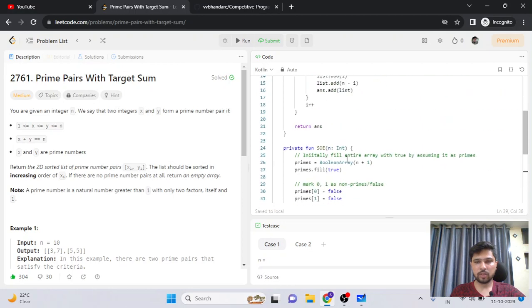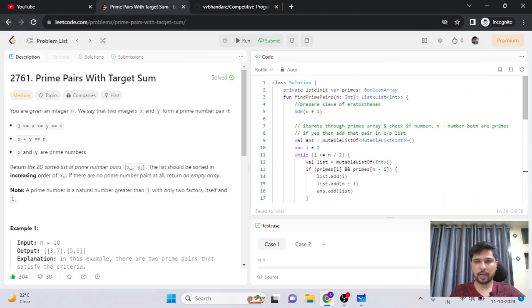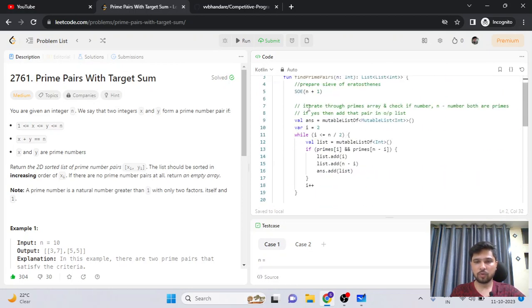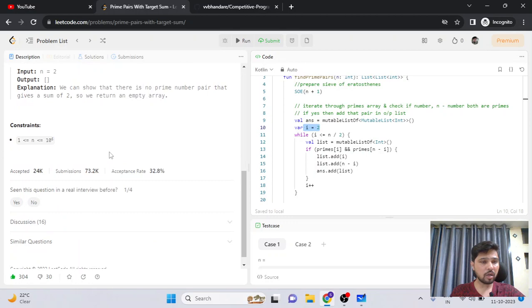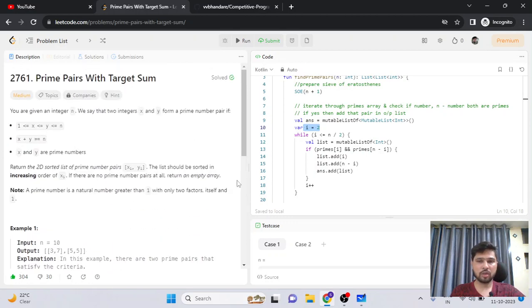Once your prime array is formed, then we have to iterate through this primes array and check if the number and n minus number both are prime, then add it to the output list. So here I am preparing the list of list, then starting from i equal to 2, because for 1 and 0 the output will always be the empty list.